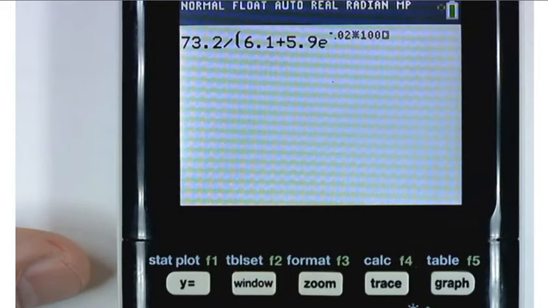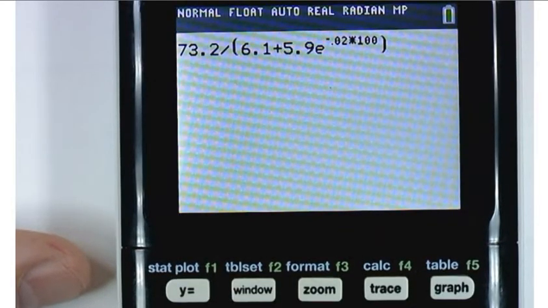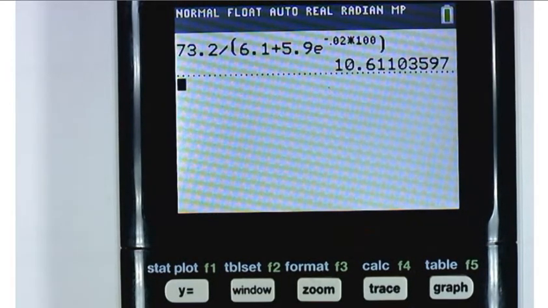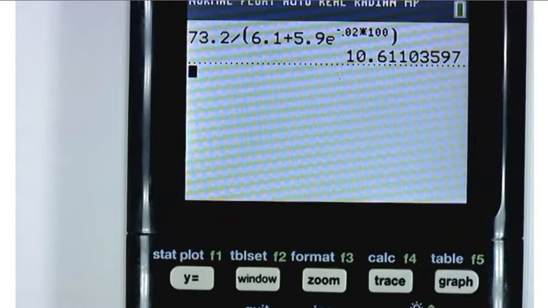I guess I should get rid of the x. And then a right parenthesis. It's about 10.6. And that would be in billions again. Is everyone able to get 10.6 off their calculator?